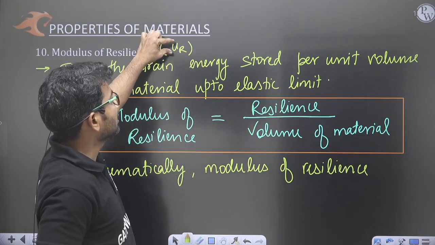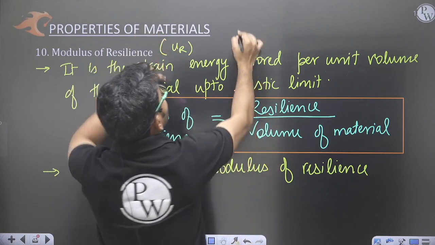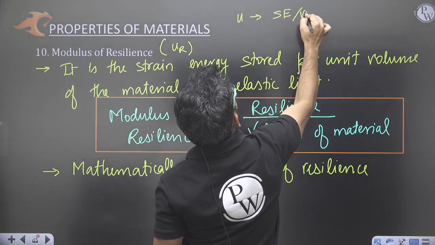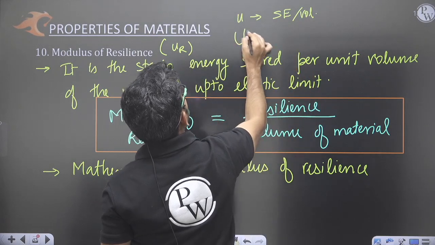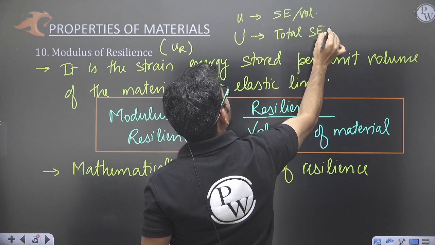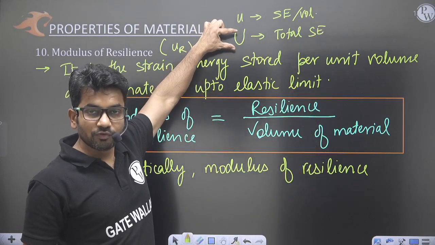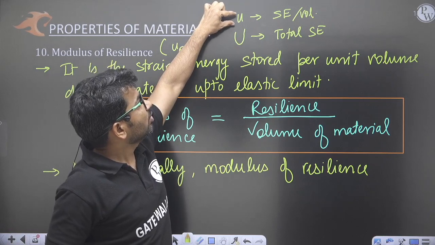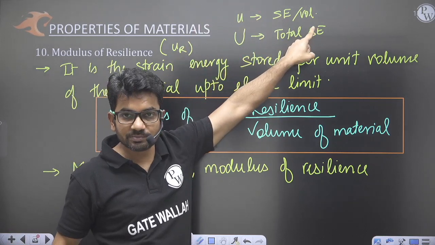Small u is strain energy per unit volume, and capital U is total strain energy. So if we write capital U, we are denoting the total strain energy stored in the material, and if we write small u, it represents strain energy per unit volume.